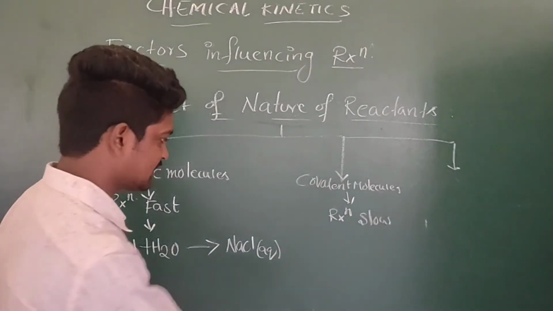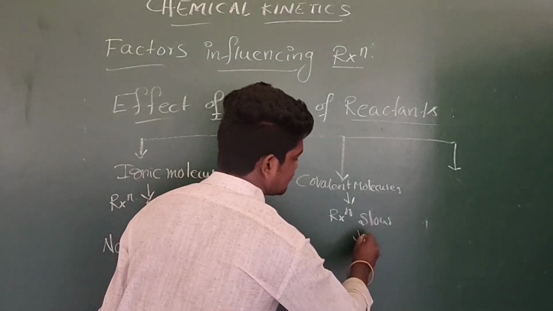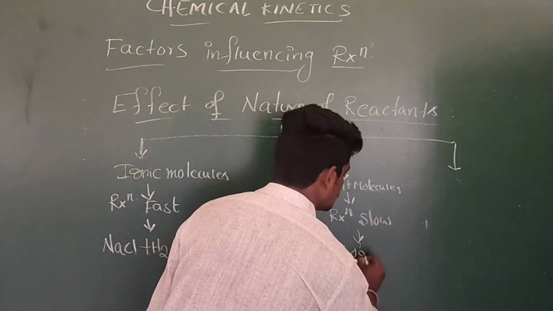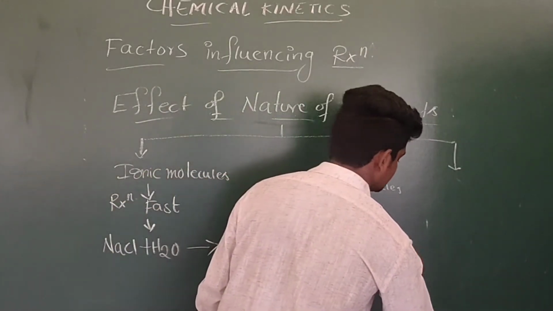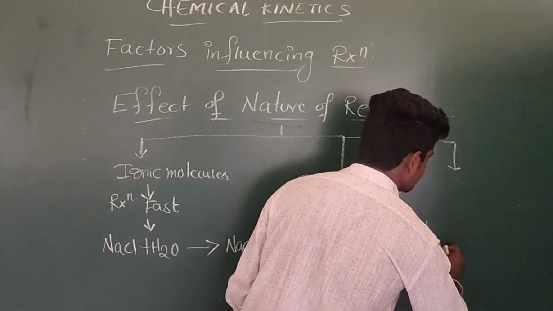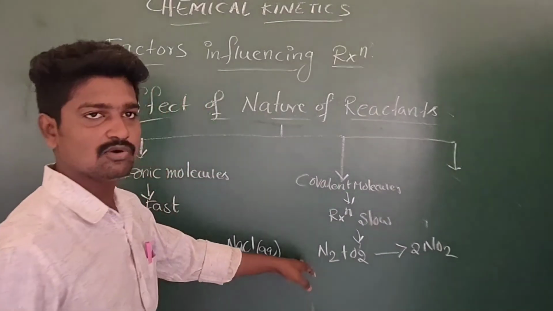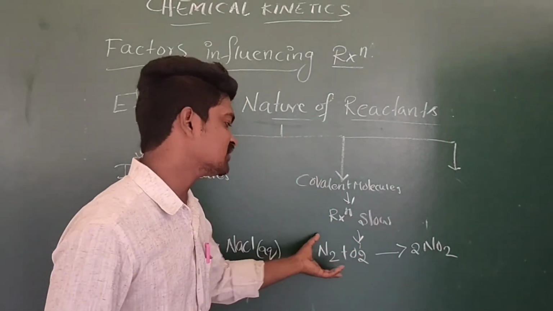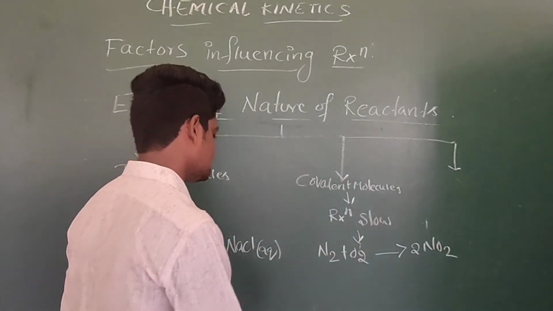If we take another example for covalent molecules, N2 plus O2 gives rise to 2NO2. This is slow. Why? Because there are many bonds involved in this equation. So we can write it like this.